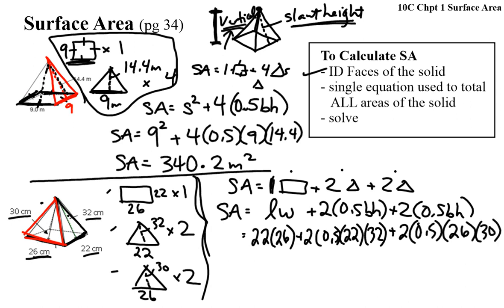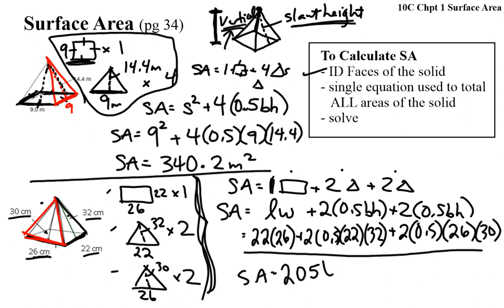So this sketching gives me all the information nice and easy. And when I calculate, in this case, my surface area works out to be 2,056 centimeters squared.